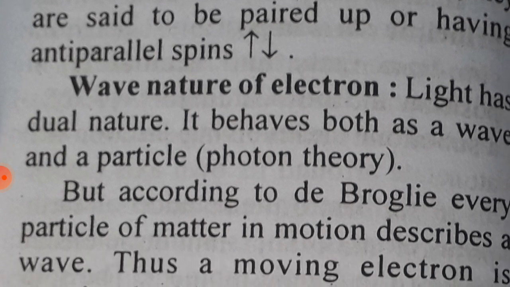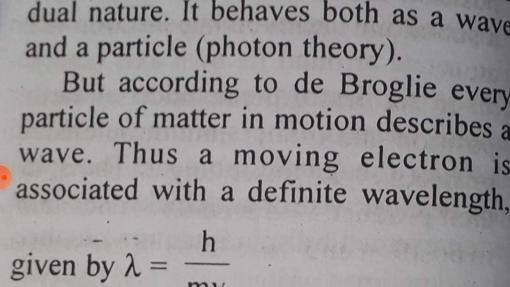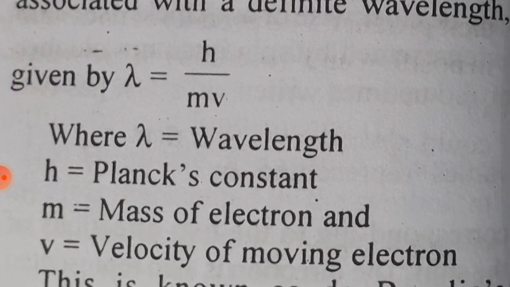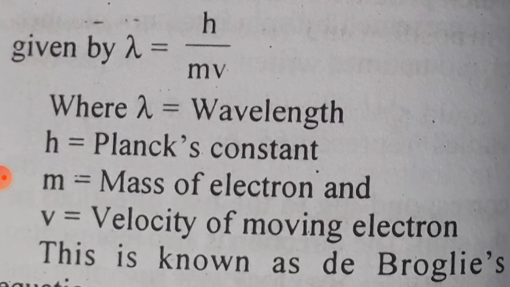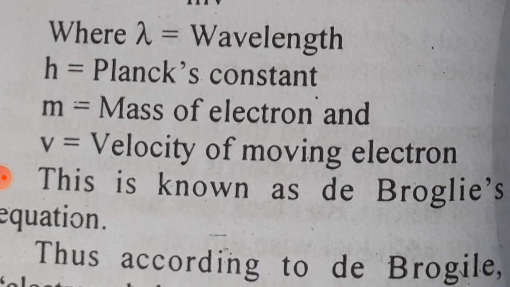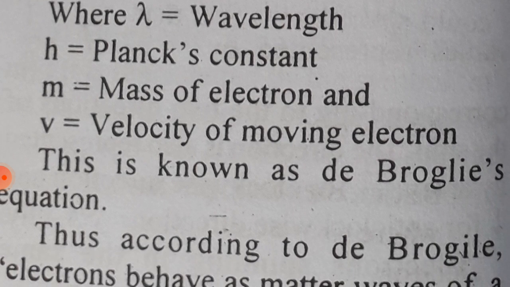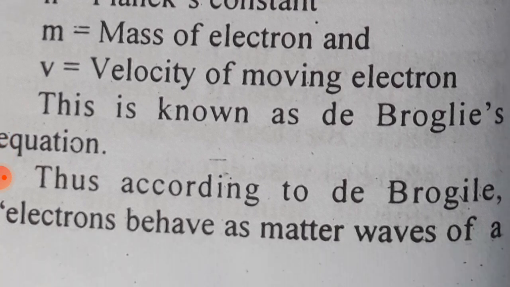Wave nature of electron. Light has dual nature. It behaves both as a wave and a particle, as in photon theory. But according to de Broglie, every particle of matter in motion describes a wave. Thus, a moving electron is associated with a definite wavelength given by lambda equal to h upon mv, where lambda is the wavelength, h is Planck's constant, m is the mass of the electron, and v is the velocity of the moving electron.